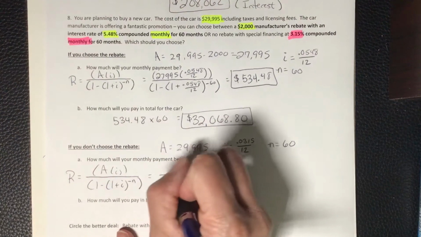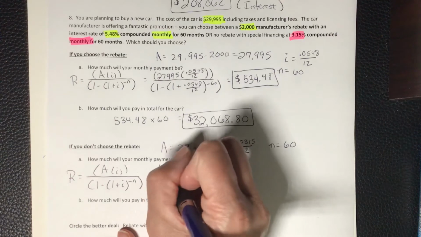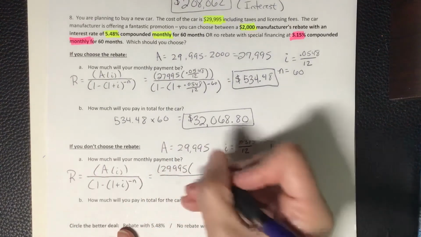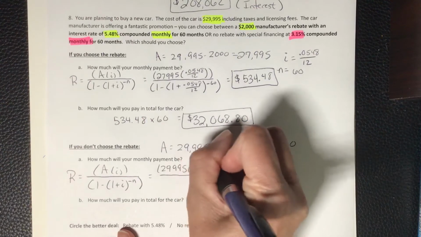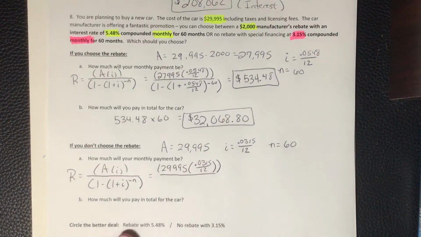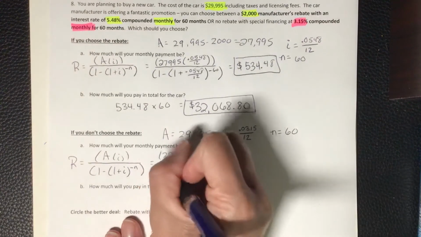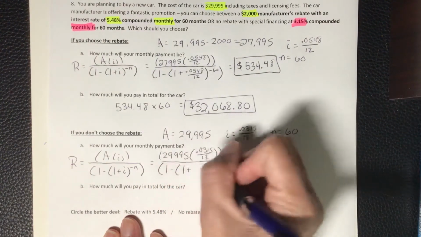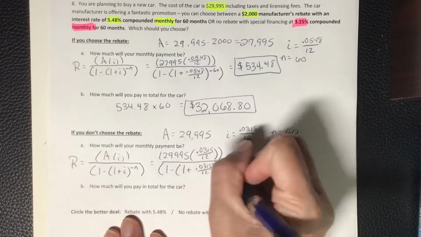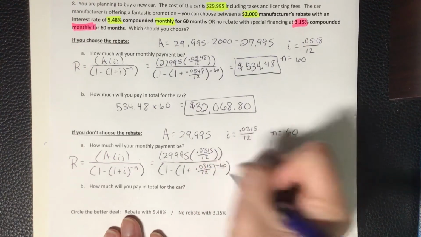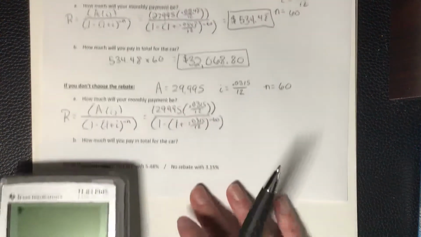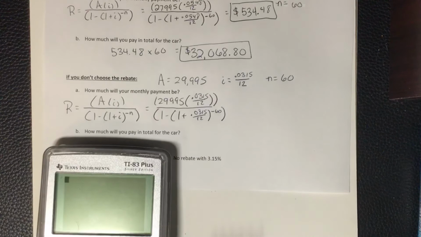All right, so when we go to plug in, we're going to have $29,995. Our I is going to be 0.0315 divided by 12. Close, close. And then on the bottom, parenthesis 1 minus, parenthesis 1 plus. We write down I again. We're going to raise that to the negative 60 and close our parentheses. All right, so we're going to get all this put in the calculator.